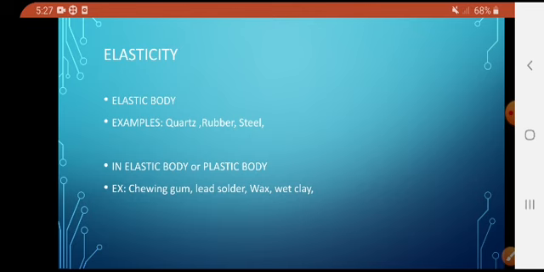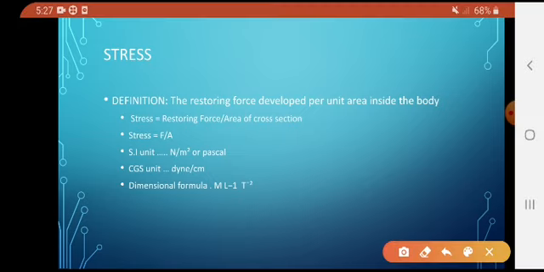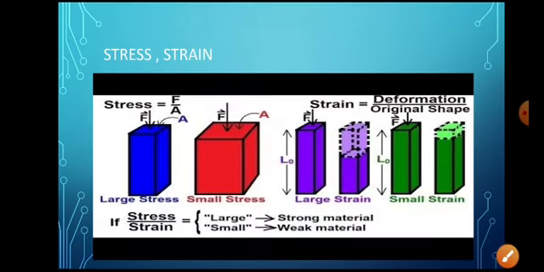So when you are applying some force on a body, that is a load or deformation force. For example, this is an iron rod. You are applying some force on this, you are tapping with a hammer, then its size changes, right?